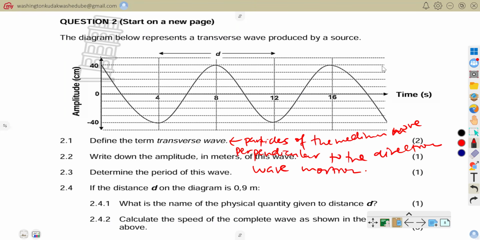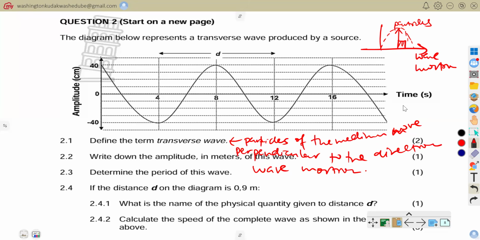And what does this mean? It means that if the wave motion is in that direction, moving horizontally towards the right, moving forward, you would see that the displacement of the particles would be up and down, meaning they will be moving perpendicular to this direction. There will be a 90-degree angle in between the direction of the particles of the medium and the wave motion.